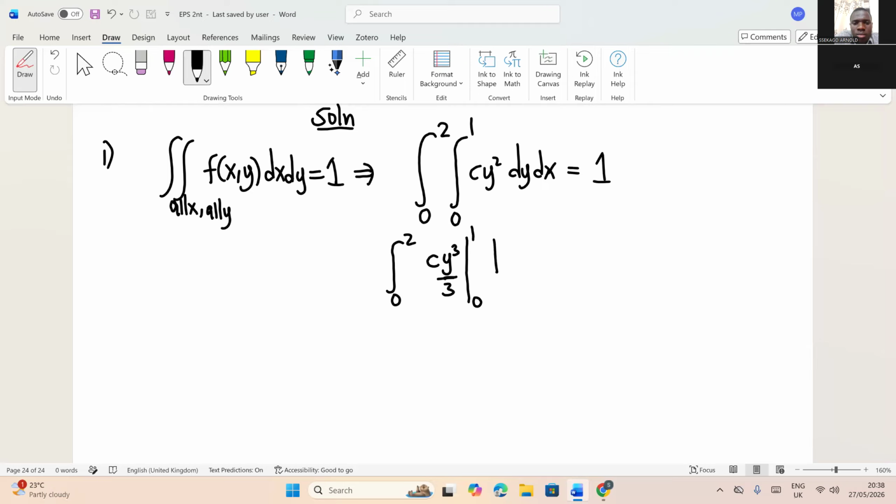From 0 up to 2, that is c times (1 power 3 over 3 minus 0) dx equals 1. I hope you can see that a third is a constant: a third, integration from 0 up to 2 of c dx equals 1.